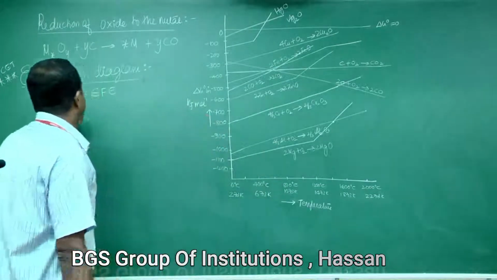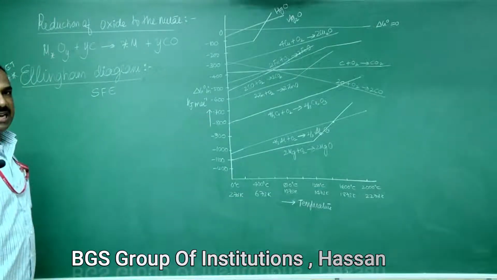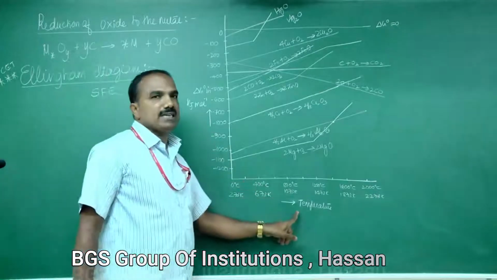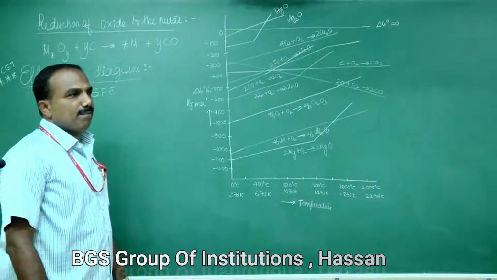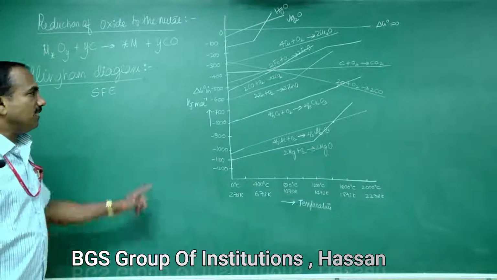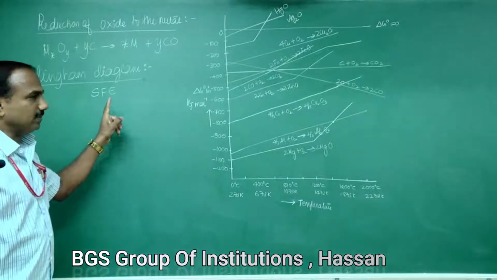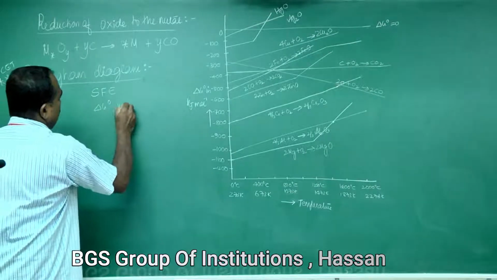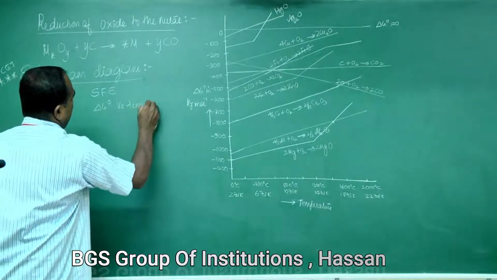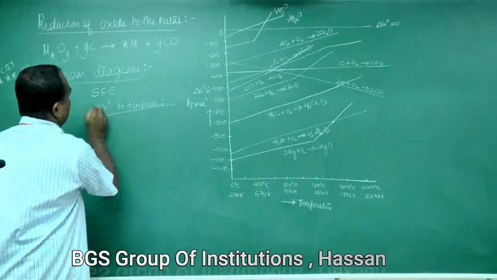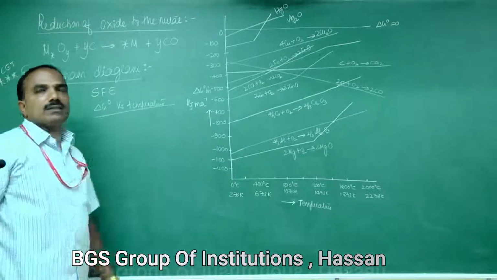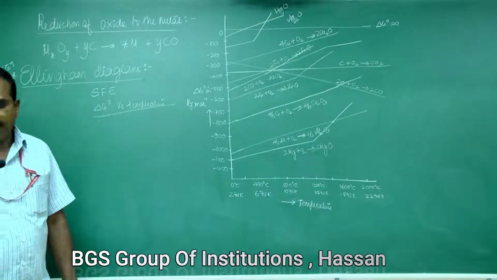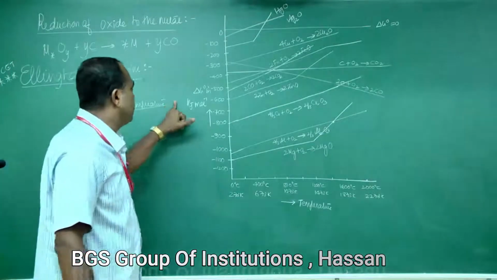This is called the Ellingham diagram. It is a plot of delta G naught versus temperature for the reduction of metal oxides, that is, for the formation of oxides of various metals.